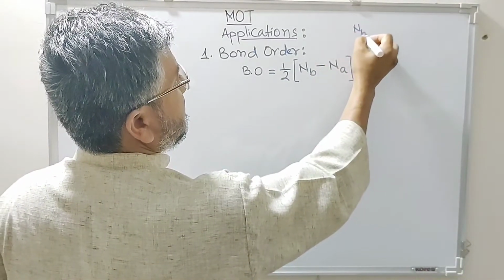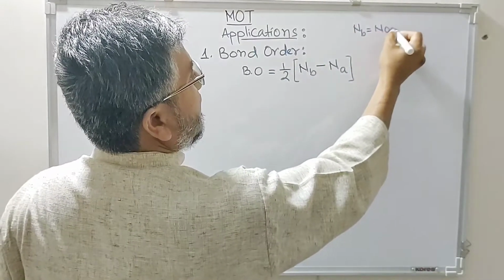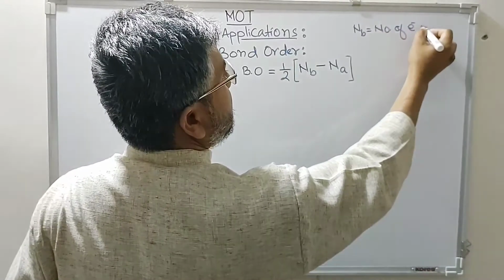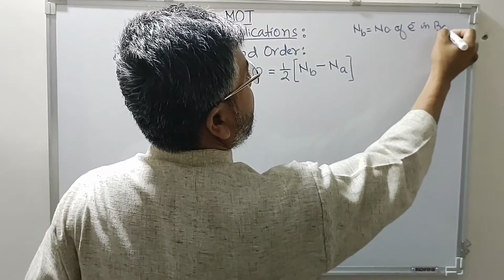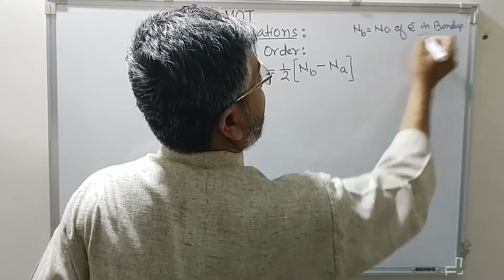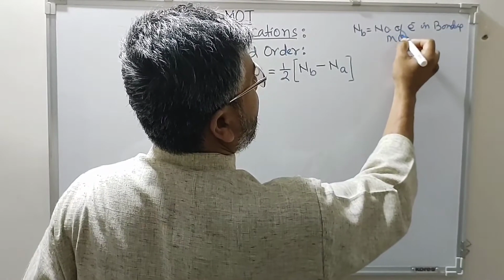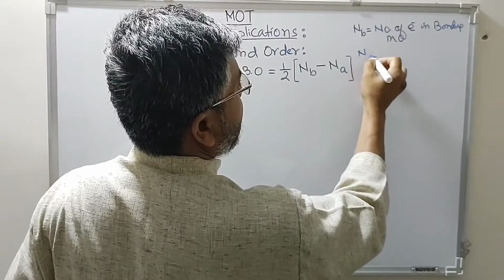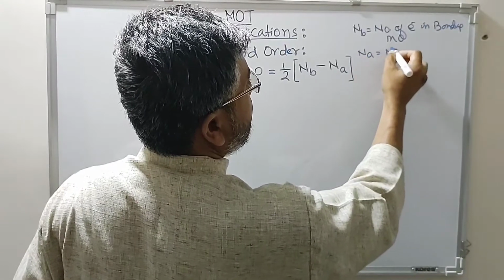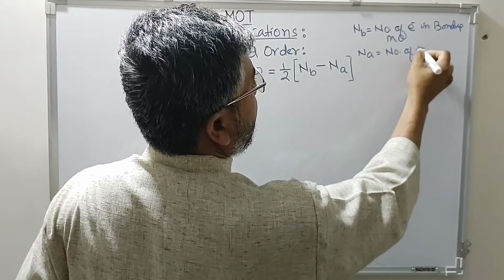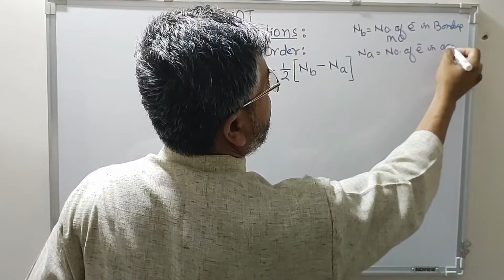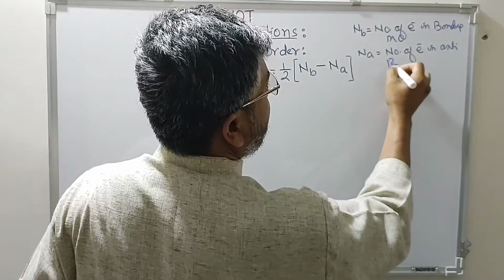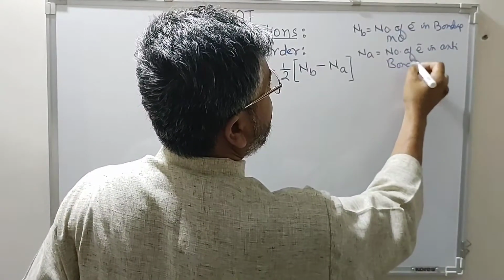This Nb is the number of electrons in bonding molecular orbital, whereas this Na is the number of electrons in anti-bonding molecular orbital.